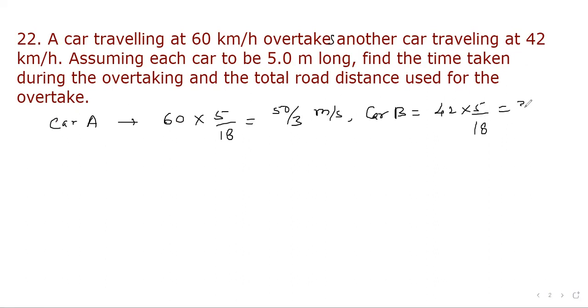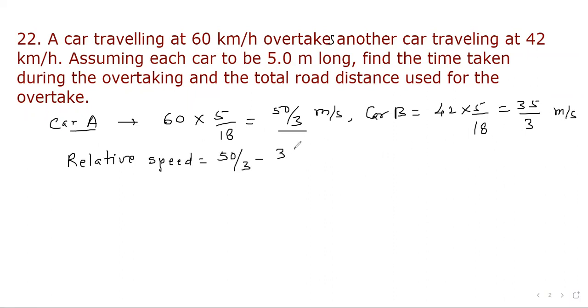That will be 35 by 3 meters per second. Now the relative speed will be the difference of the two, 50 by 3 minus 35 by 3. That is 15 by 3 or 5 meters per second.